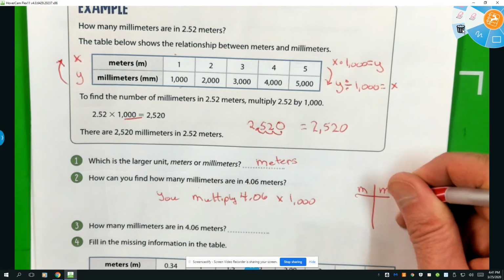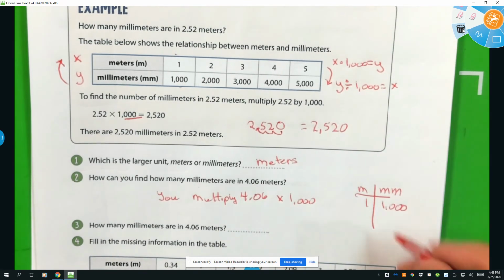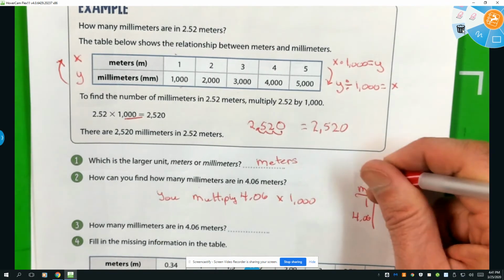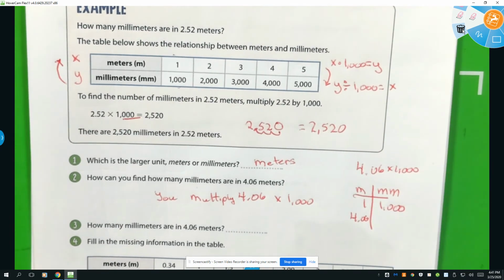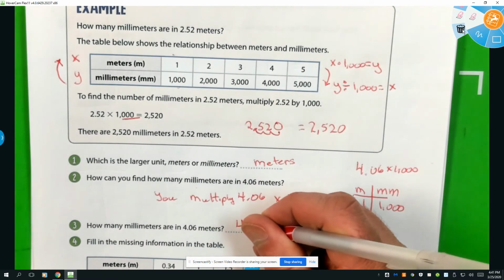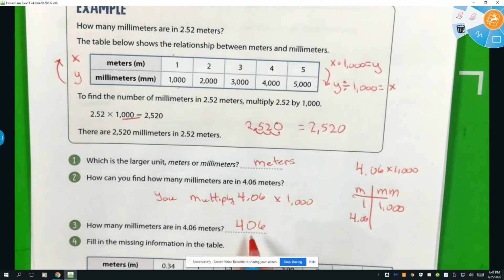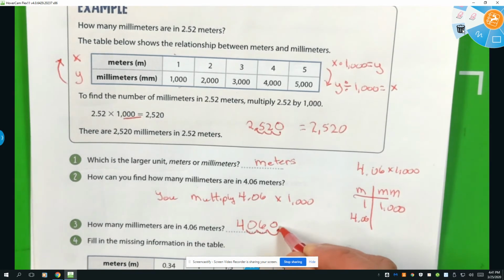So meters to millimeters, 1 to 1,000. 4.06 times 1,000. Okay, so how many millimeters are there in 4.06 meters? Multiply it by 1,000. Here's where the decimal is right now, but multiply it by 1,000, move it 1, 2, 3 spots, put a 0 and a decimal.